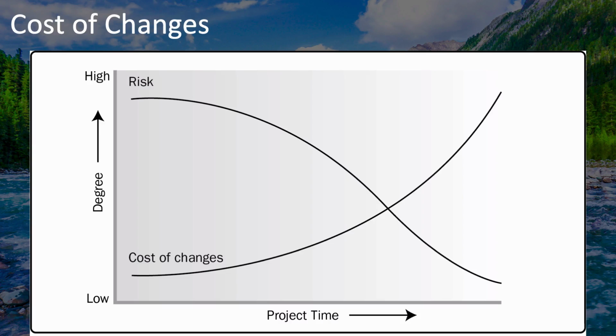Risks, on the other hand, tend to start out high at the beginning of a project and then decline slowly over the course of the project. There are a couple of reasons for this. One is that at the beginning of the project, there are still a lot of unknowns and a lot of risks that haven't even been identified, and there's been no work done to mitigate any of those risks.